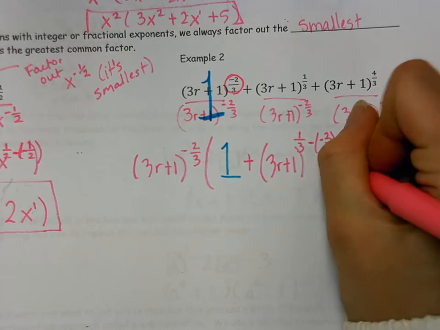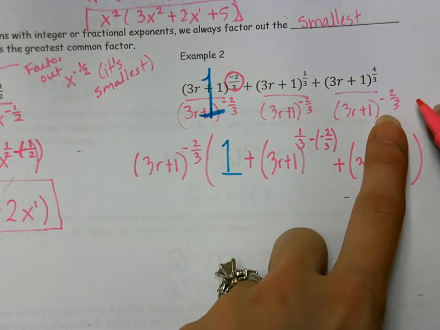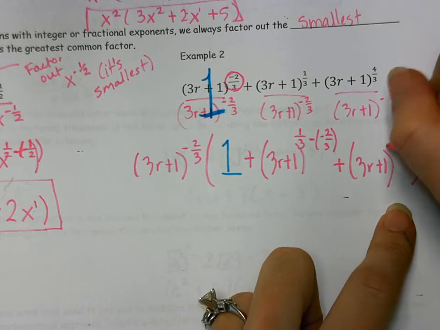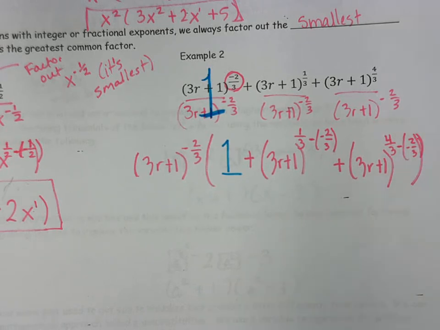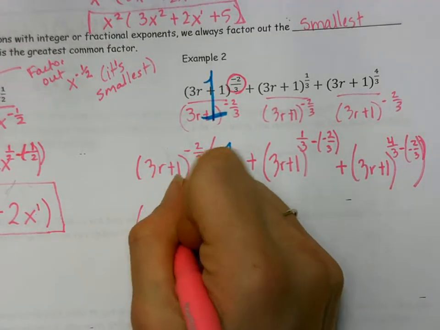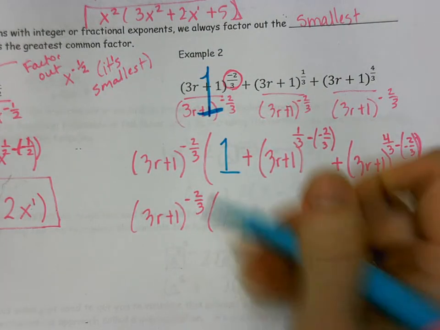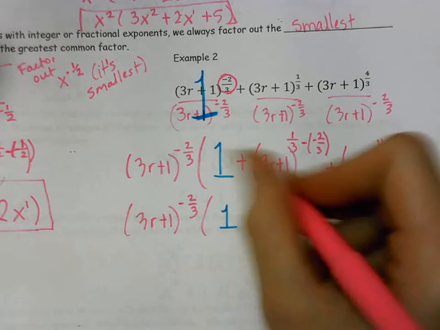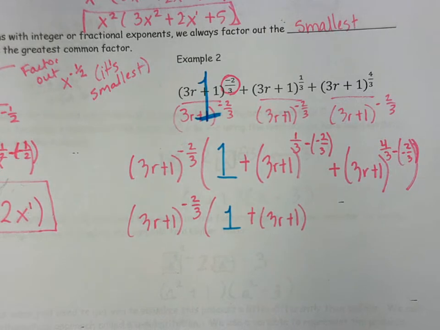And then the last term, I have 3r plus 1 raised to the, again, I'm going to subtract these. So I'm going to do 4/3 minus a negative 2/3. Now we just simplify. So I have 3r plus 1 raised to the negative 2/3 multiplied by 1 plus 3r plus 1 raised to the, okay, what's 1/3 minus a negative 2/3?